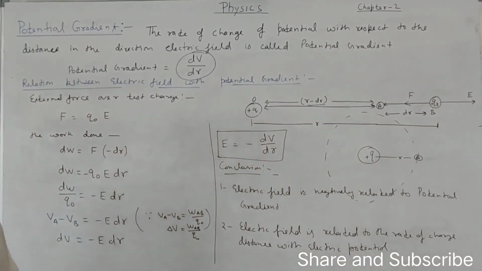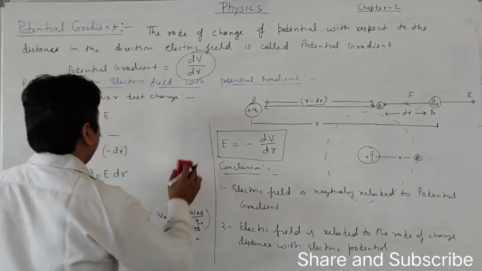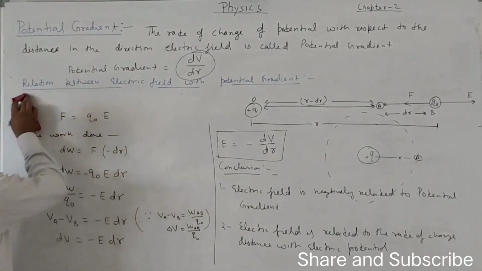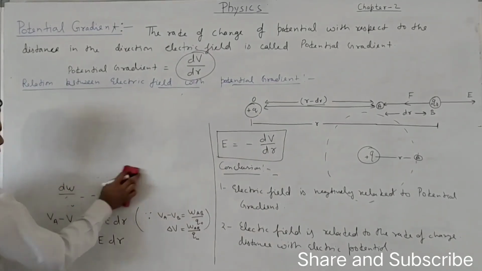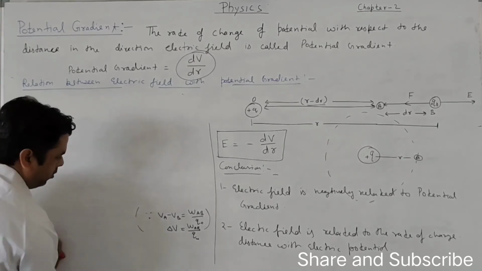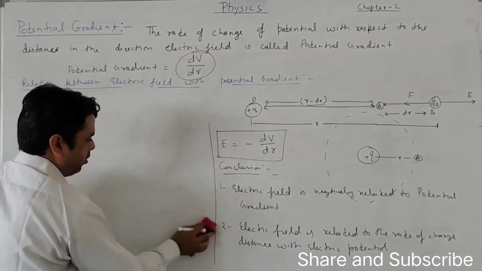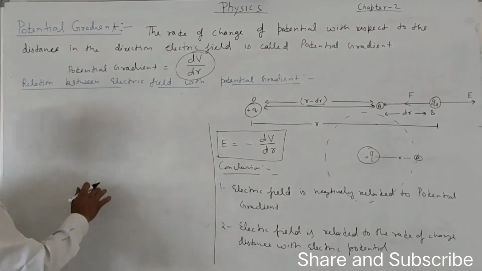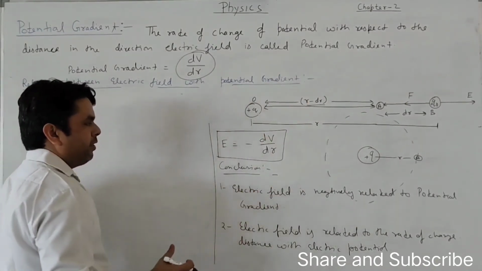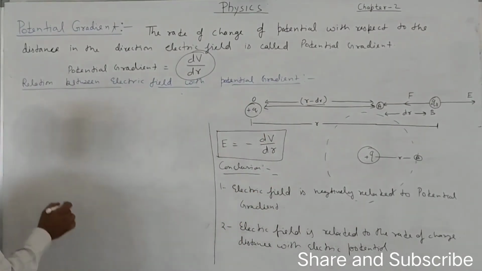Now on the basis of these conclusions we will do another thing. It may be possible that the field has three vector components.